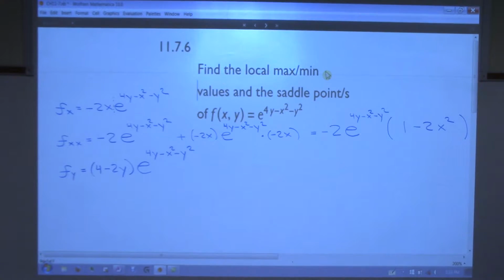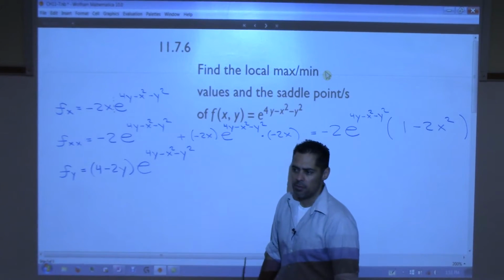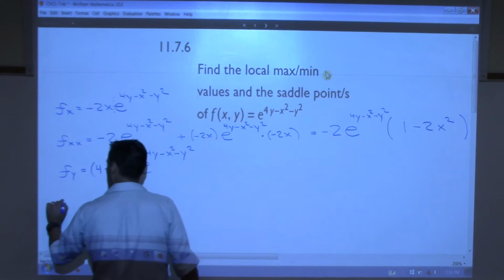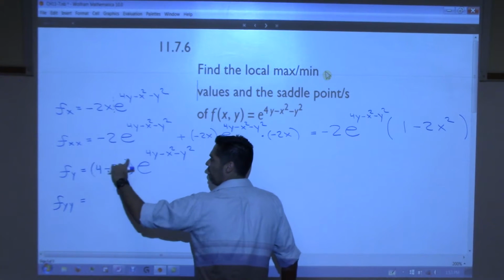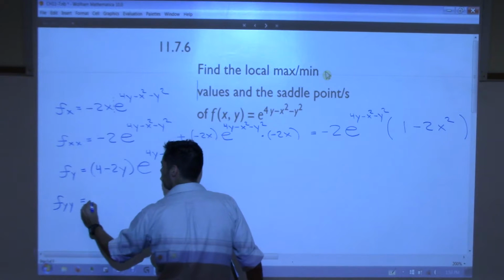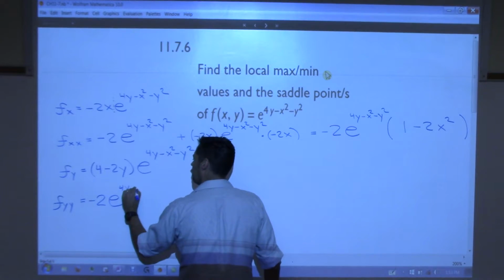And then again, take the derivative. Am I going to have to worry about product rule? Yep. I'm going to have to do product rule again. So the partial with respect to y again is derivative of this with respect to y, which is negative 2, and then all that junk, e to that junk.